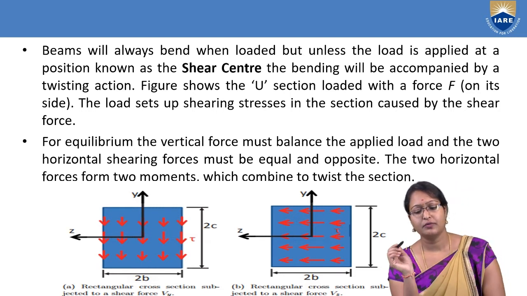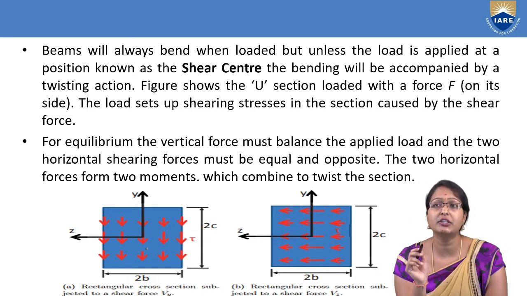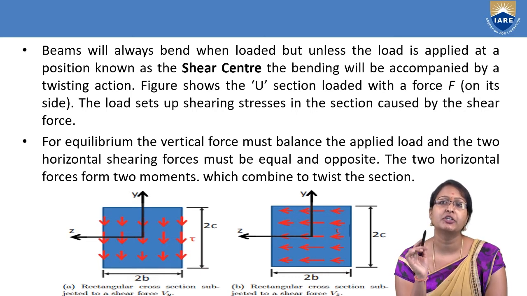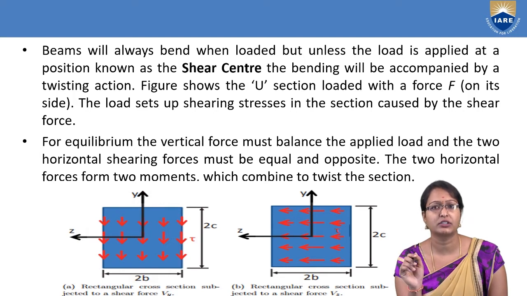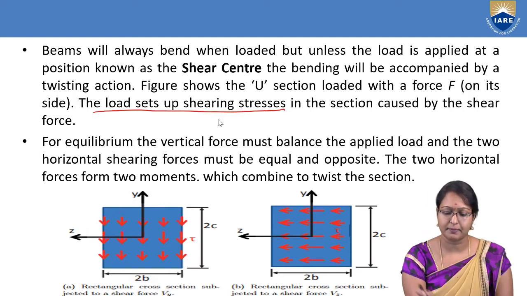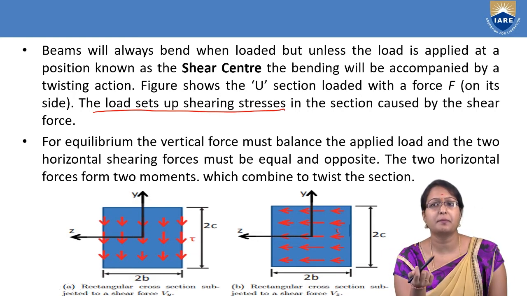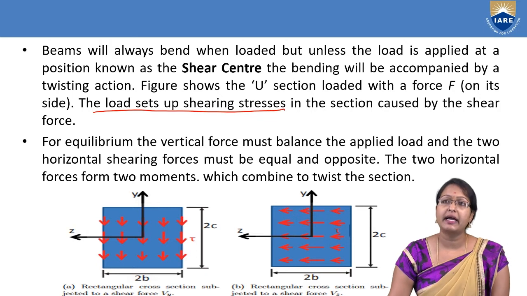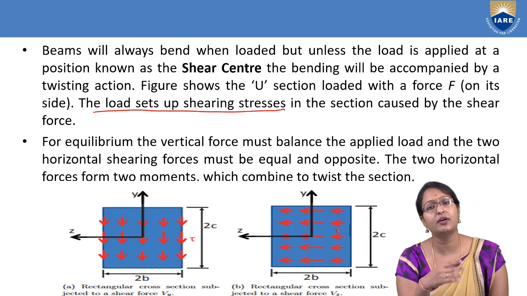When we consider this U section loaded with a force F, the load sets up shearing stress in the section caused by the shear force. For equilibrium, the vertical forces must balance the applied loads, and the two horizontal shear forces must be equal and opposite.